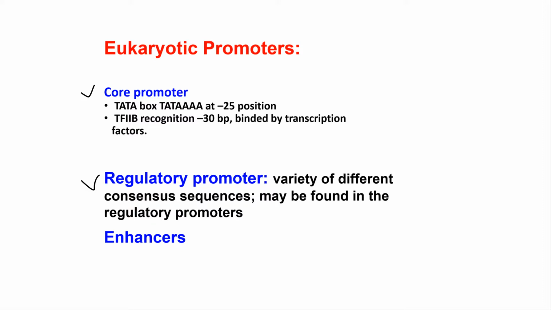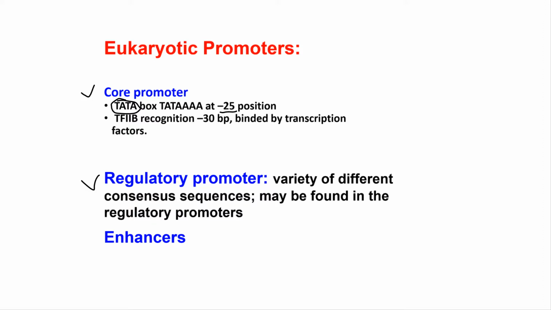It has two consensus sequences. The first one, at position -25, which can go from -20 to -30, is the so-called TATA box. The TATA box is found in every eukaryotic gene core promoter.